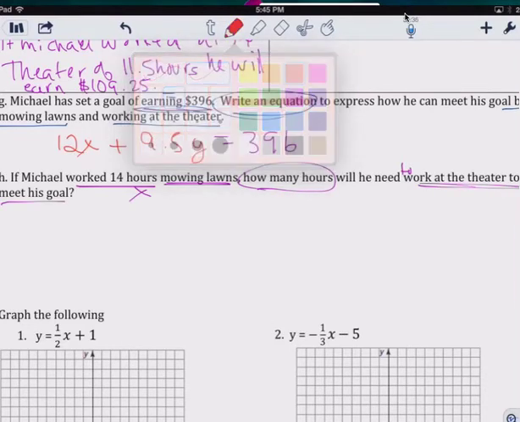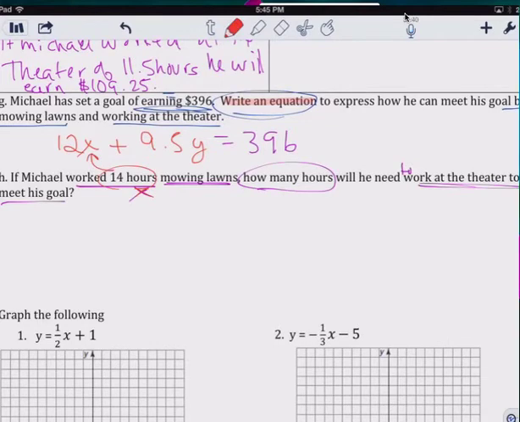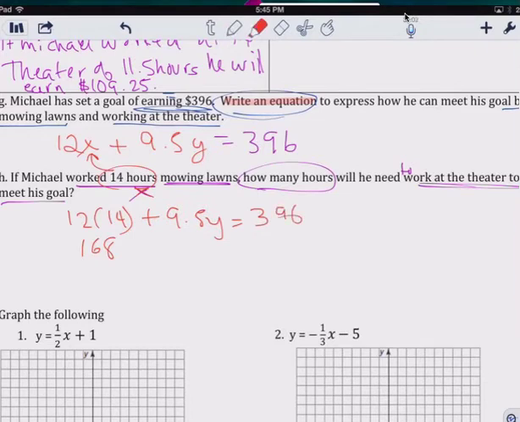Mowing lawns is x, hours for x. They gave us x is 14. Substitute that in. So 12 times 14 is 168, plus 9.5y equals 396. So mowing lawns, he makes $168.